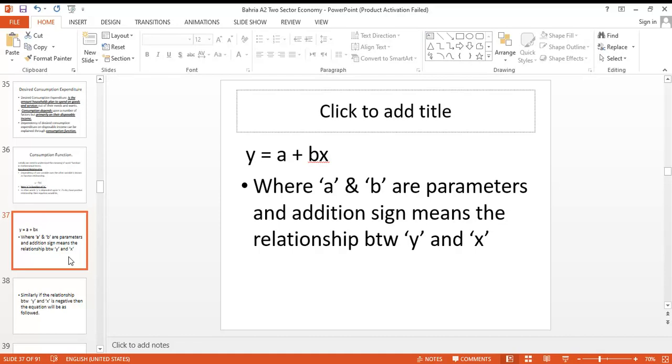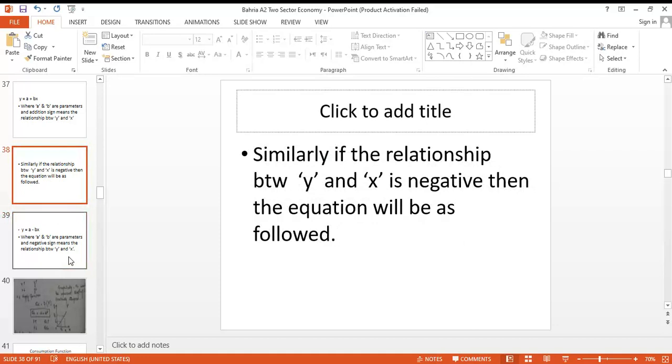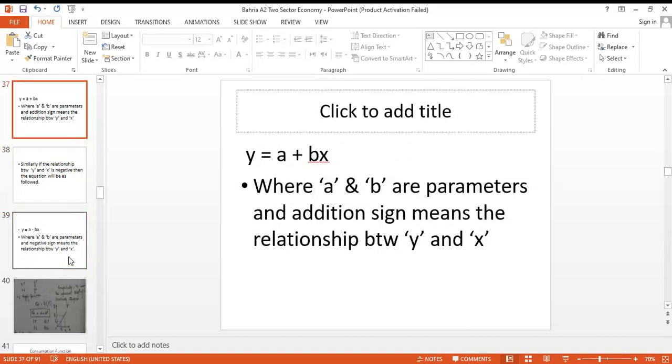And if we go to the linear equation, remember the linear equation we learned in IGCSE or O level, we said that y is equal to a plus bx, where a is a constant, and we will see what that constant in this case is. Please do remember that if the sign before bx is plus, it means that x and y are moving in the same direction.